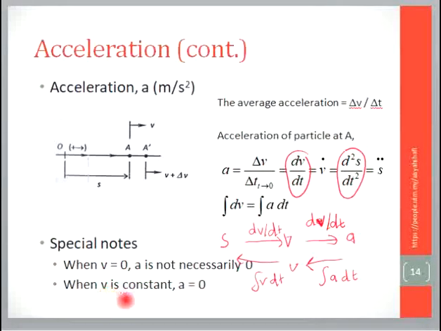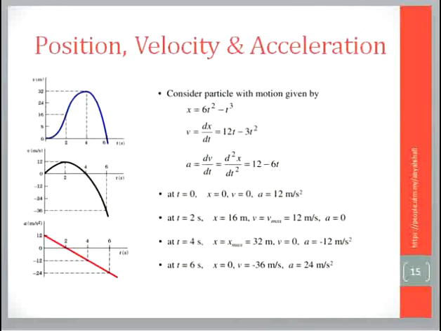When v is constant, a is 0, because a is the changing. Need to understand the changing of velocity. Okay, so this is the relationship between position, velocity, and acceleration.